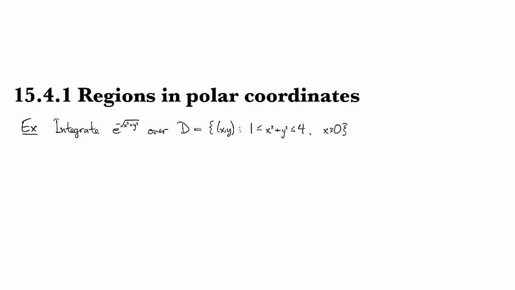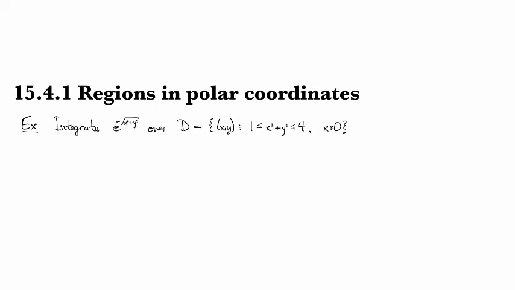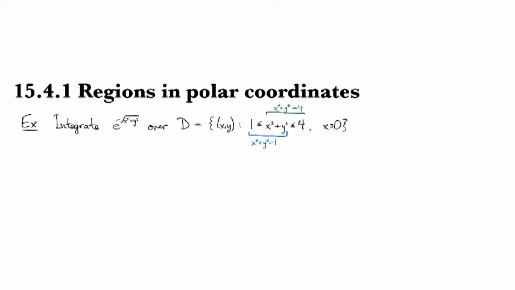So let's decode this region and figure out what it looks like. This boundary, x squared plus y squared equals 1, is the unit circle. And x squared plus y squared equals 4 is the circle of radius 2, which is the outer boundary of this region.